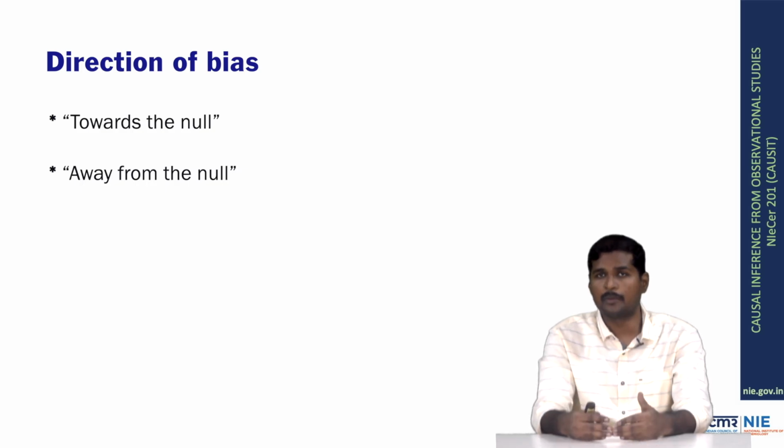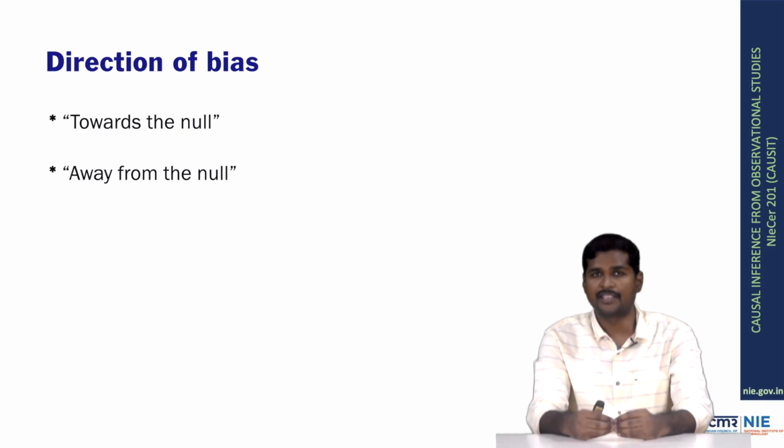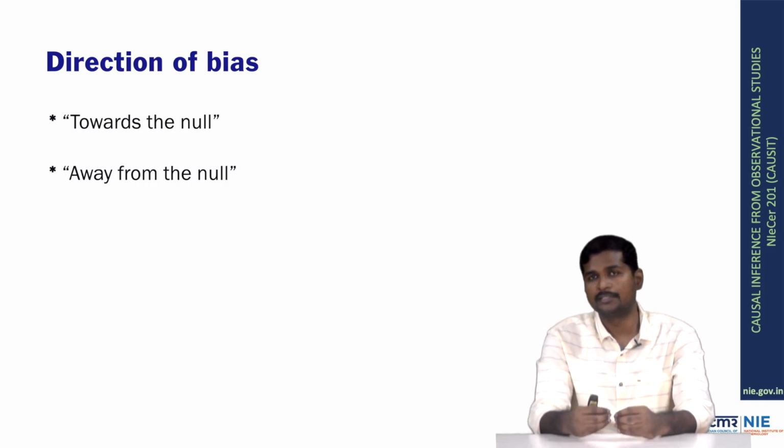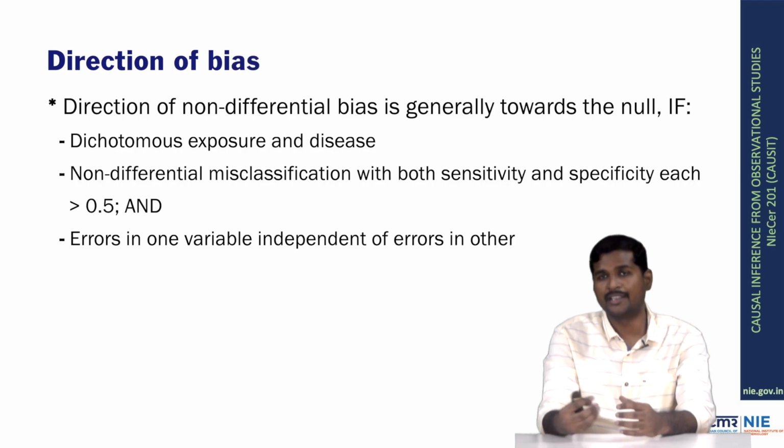That is, the result might be above 1 in case of relative risk or odds ratio, or it might be below 1, and it might be above 0 or below 0 in the case of risk difference. So these are the two types of effects that we are worried about when there is a differential or non-differential misclassification. And we will see in which type of misclassification what is the direction of bias.